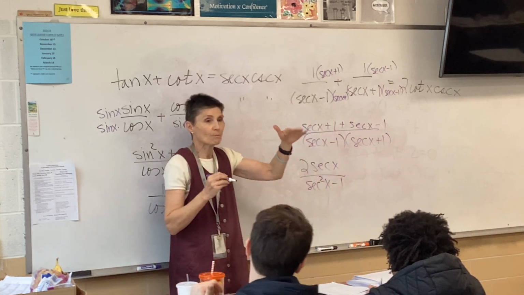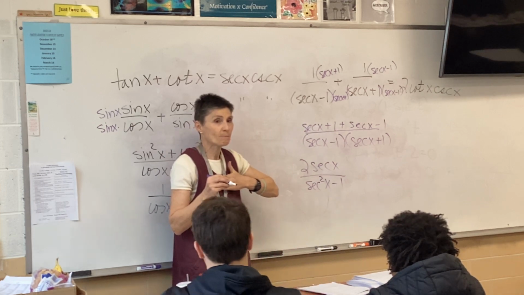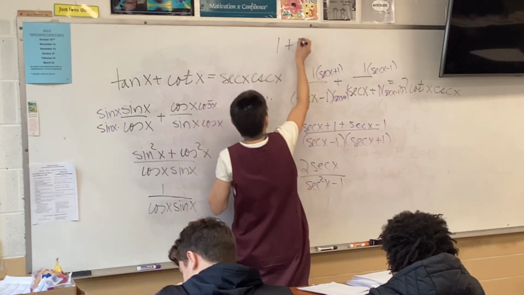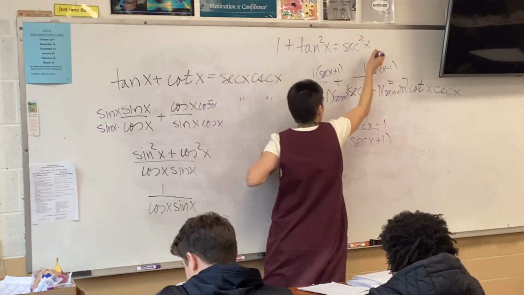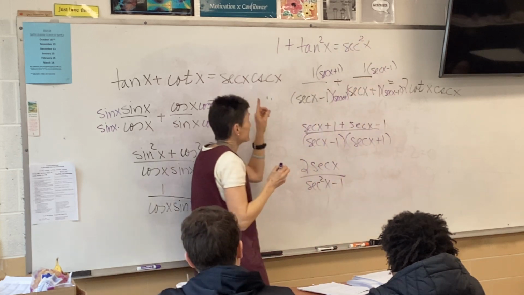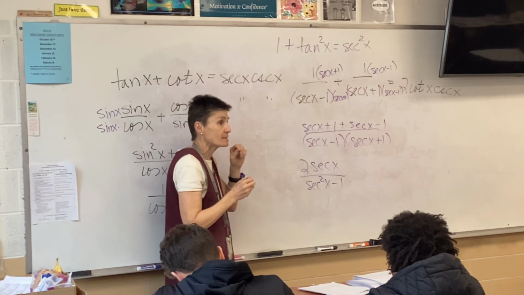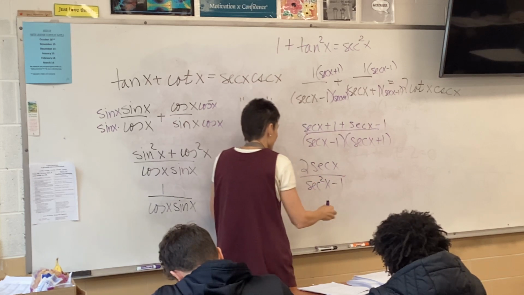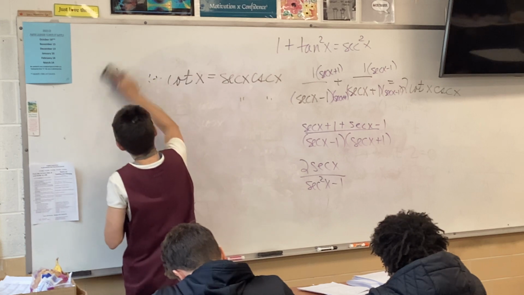As soon as I wrote secant squared minus 1, my heart starts pounding because there's an identity that says 1 plus tangent squared is secant squared. So secant squared minus 1 is the same as tangent squared. So now I've got 2 secant over tangent squared.